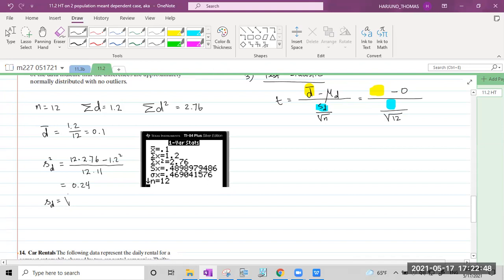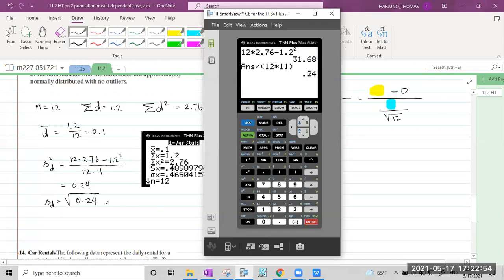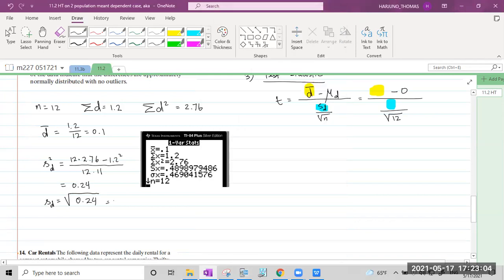Now then the standard deviation for the differences is the square root of 0.24, which is 0.489898.